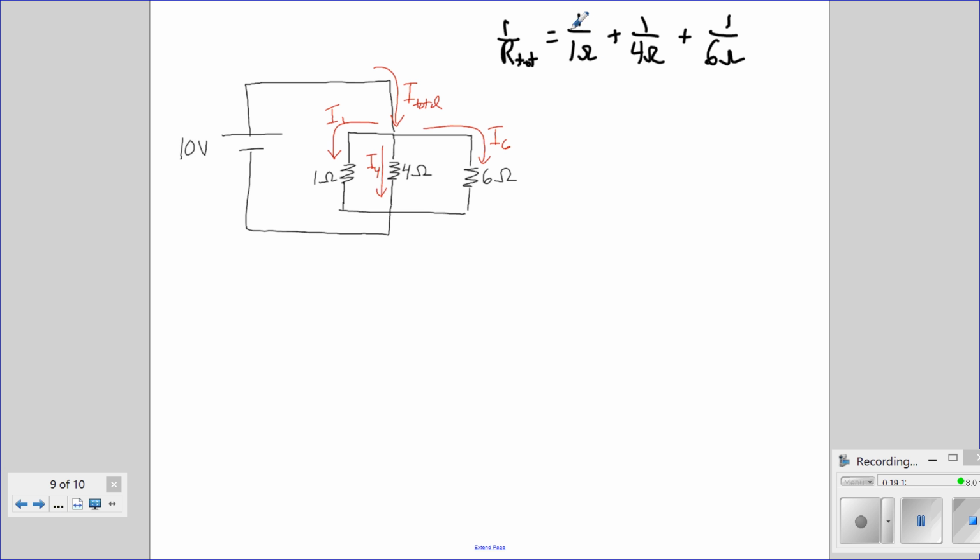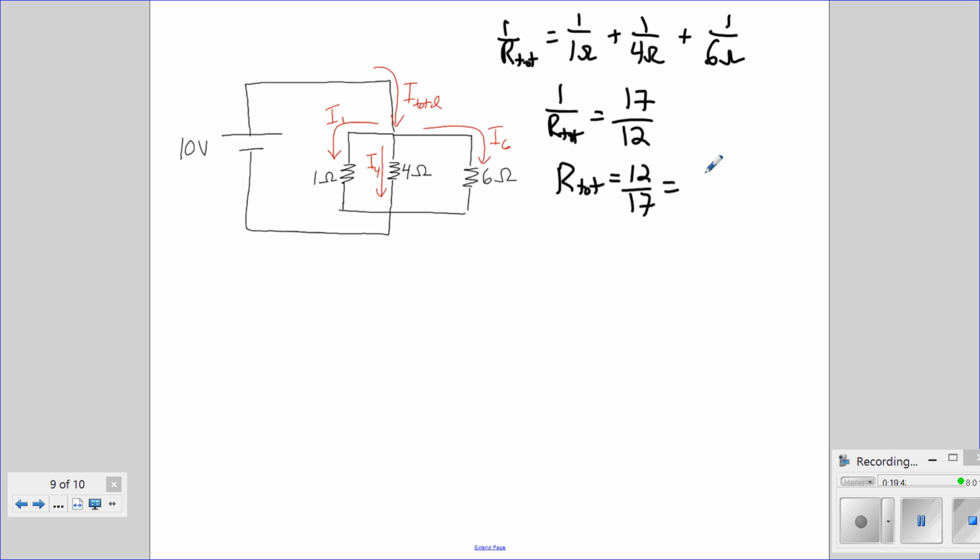So this would be 12 twelfths plus 3 twelfths plus 2 twelfths. And so we would get that 1 over our total would be 17 twelfths. Again, it was 12 plus 3, which is 15, plus 2, which is 17. So that means that the total resistance is 12 17ths.